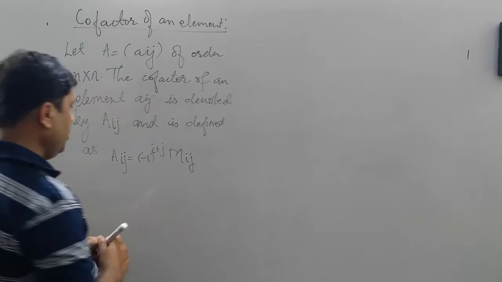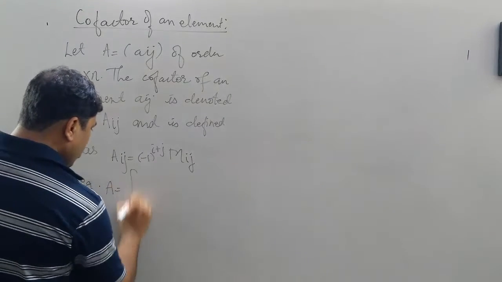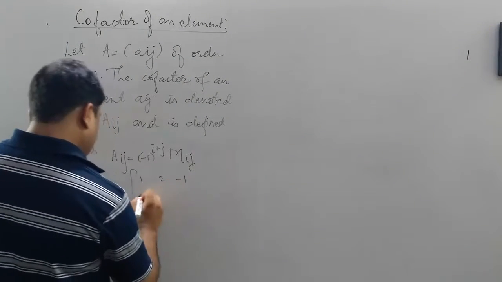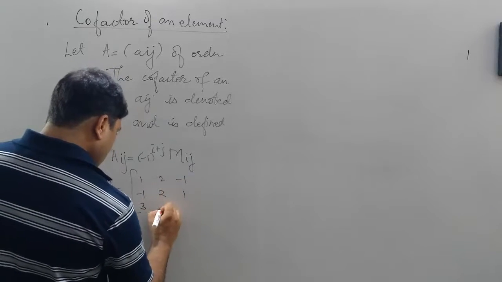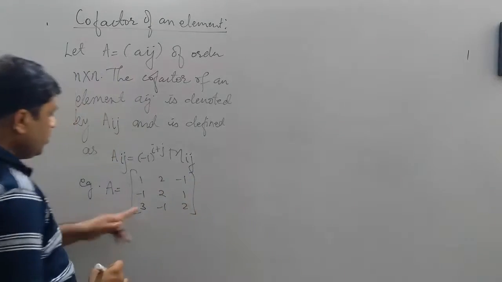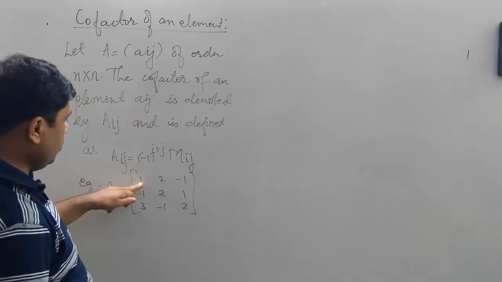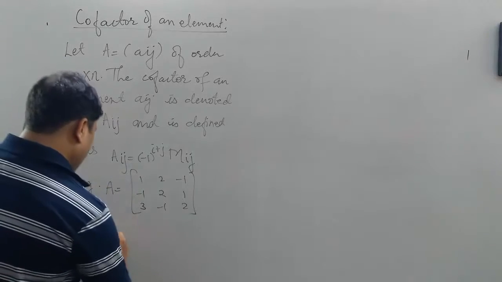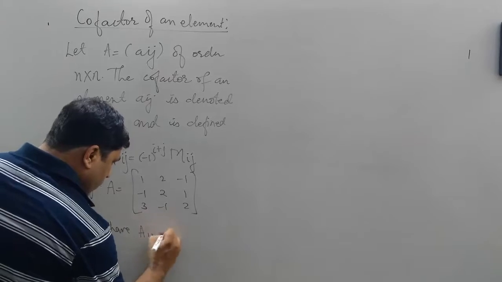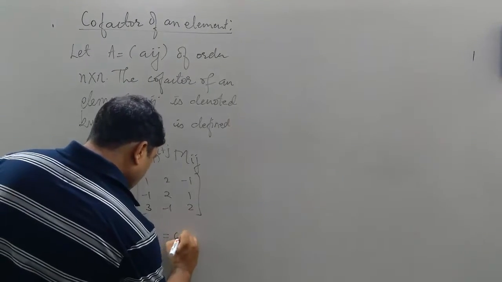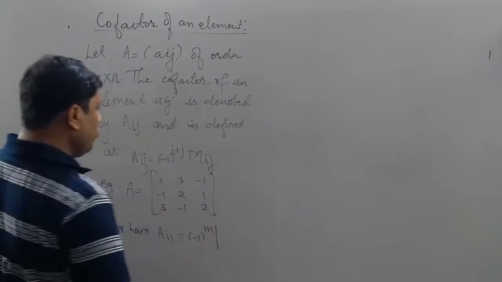Now, for example, we consider the matrix A to be 1, 2, minus 1; minus 1, 2, 1; 3, minus 1, 2. So, this is the matrix we have. Now, we want to consider the cofactor of this element A11. So, A11 is equal to minus 1 raised to 1 plus 1 into M11.